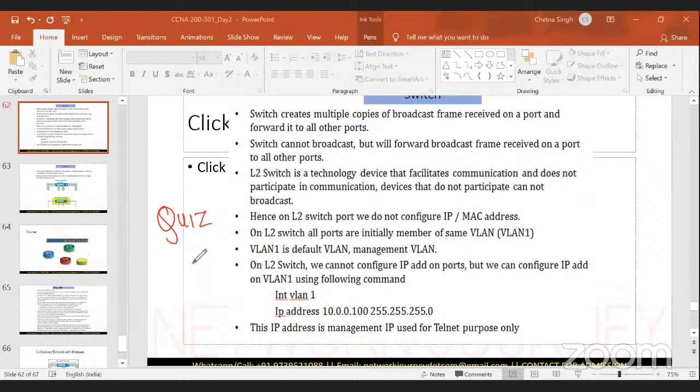I'm sorry, what does place mean? There's a question called place. P-L-A-C-E. Just a minute.